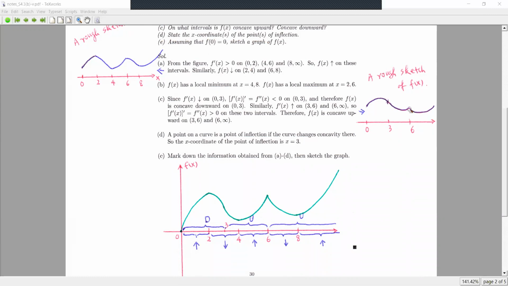This point is not a point of inflection because on the left, the curve is concave up, on the right, concave up. The graph doesn't change concavity at this point. So this point is not a point of inflection. Okay, now the answer to question D: the x-coordinate of the point of inflection is x equals 3.